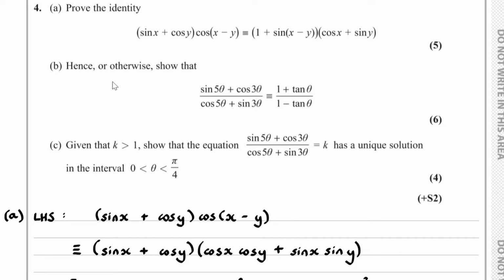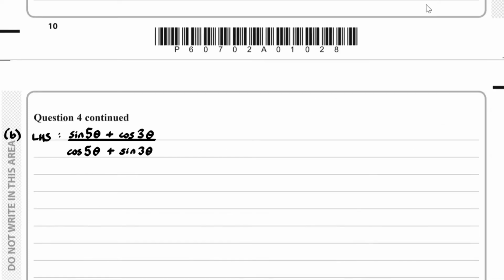For part B of the question, hence or otherwise show that sine of 5 theta plus cos of 3 theta over cos of 5 theta plus sine of 3 theta is equivalent to 1 plus tan theta over 1 minus tan theta. So for part B, on the left hand side we've got sine 5 theta plus cos 3 theta over cos 5 theta plus sine 3 theta.